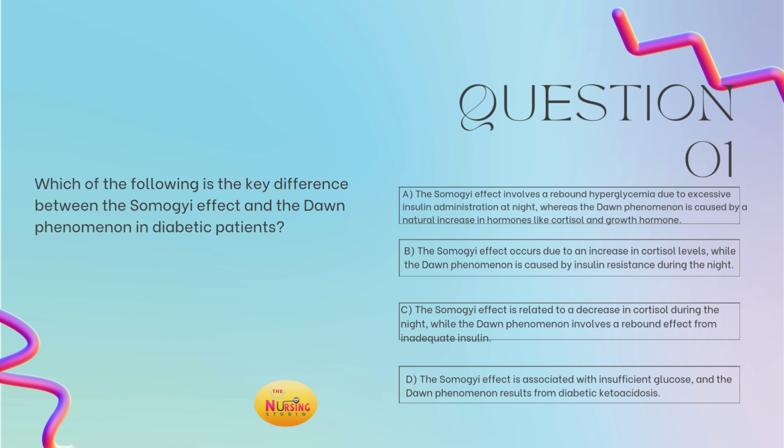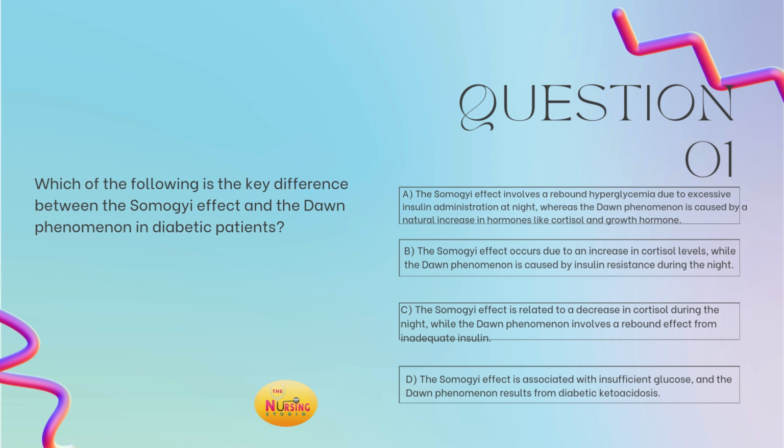C, the Somogyi effect is related to a decrease in cortisol during the night, while the dawn phenomenon involves a rebound effect from inadequate insulin. Or D, the Somogyi effect is associated with insufficient glucose, and the dawn phenomenon results from diabetic ketoacidosis.